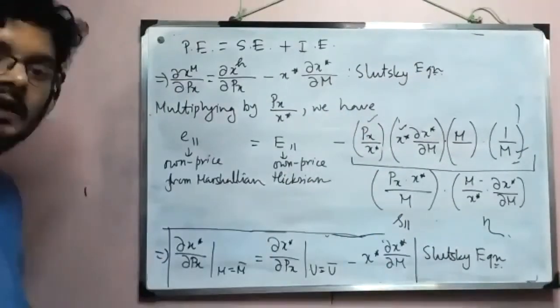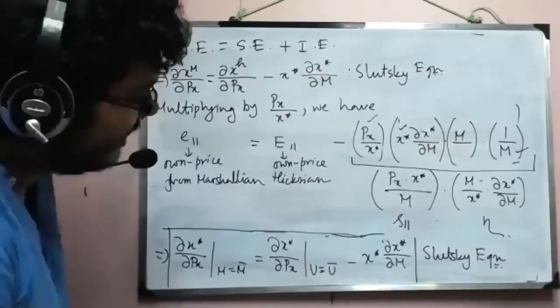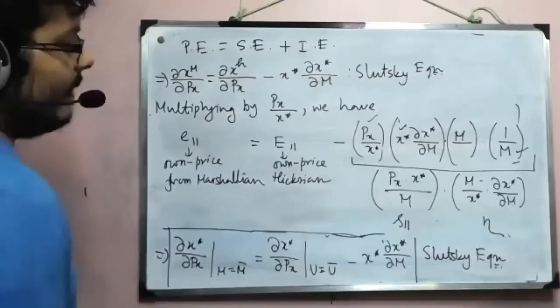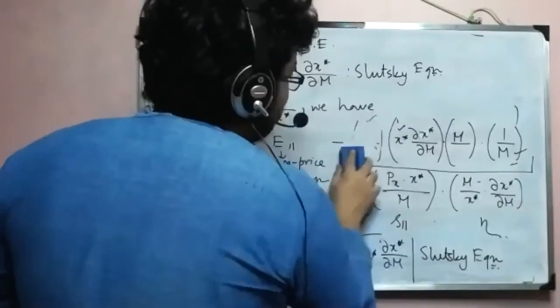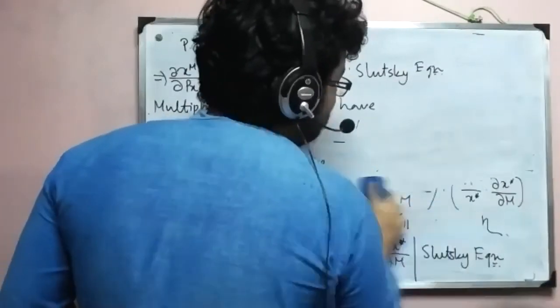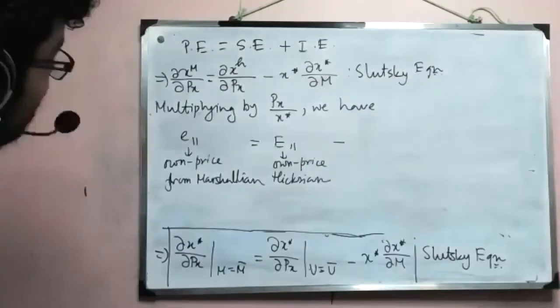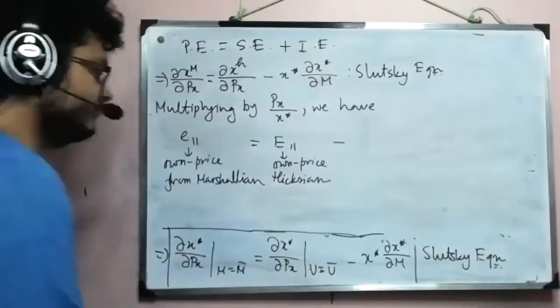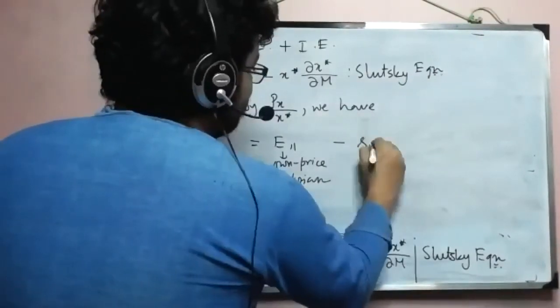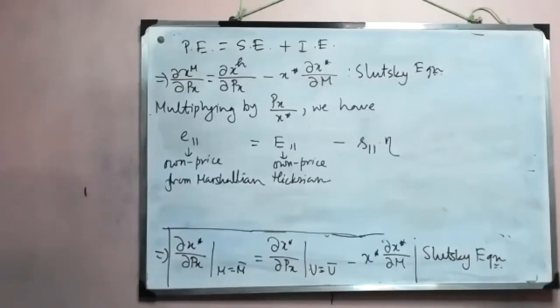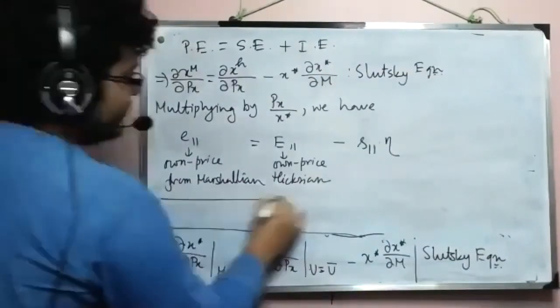Okay. So now I'm going to erase this and just write the thing that we have just obtained. So if I directly write this expression it will become S11 into nu. Okay. So what is the elasticity form of Slutsky equation here?